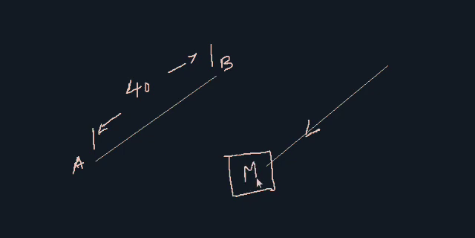So it's a body of mass m, and there is a force F acting on that body, which has a magnitude of 110 Newton and a direction or a sense in this way. So now you have a magnitude and a direction.